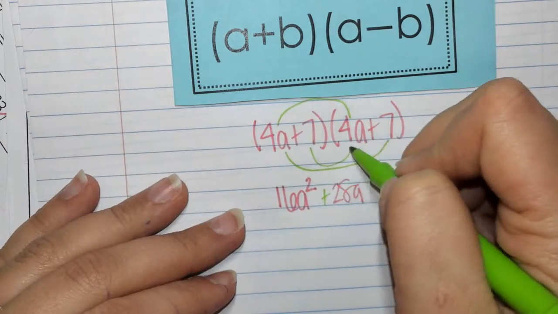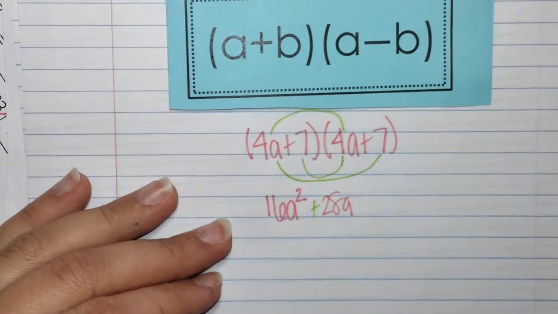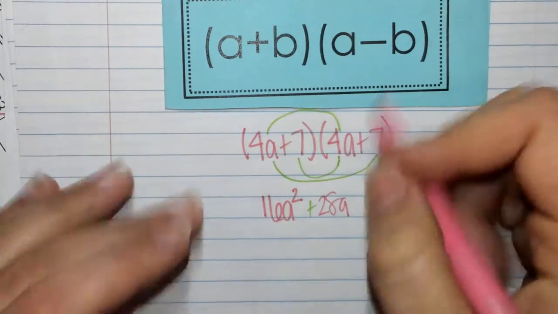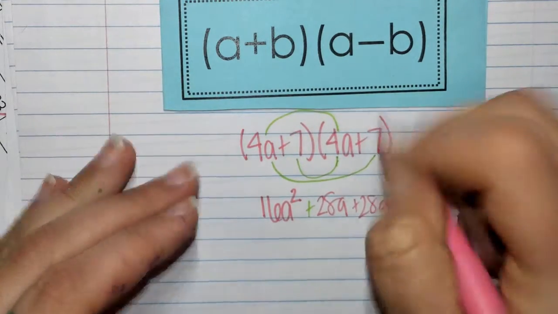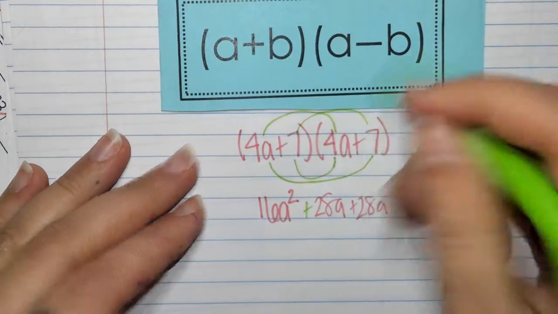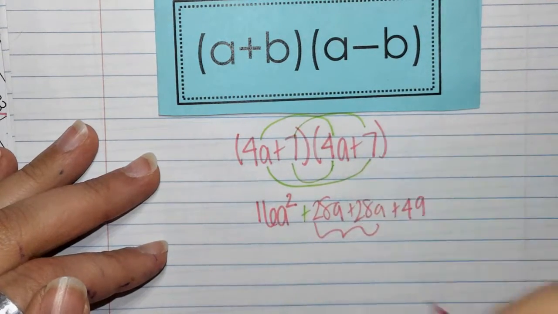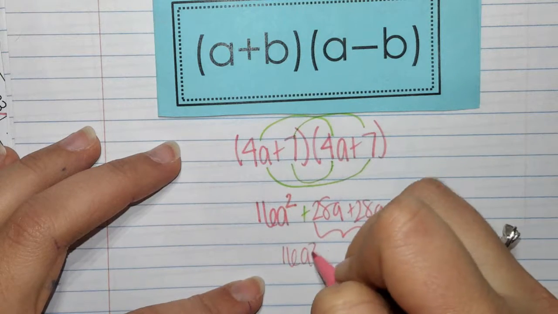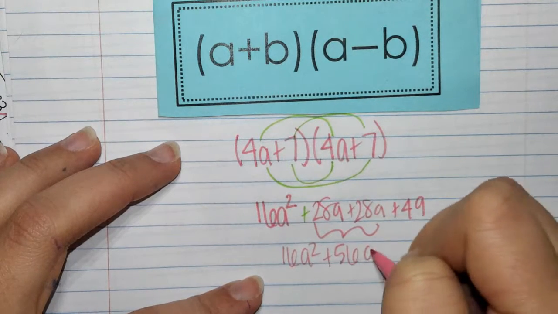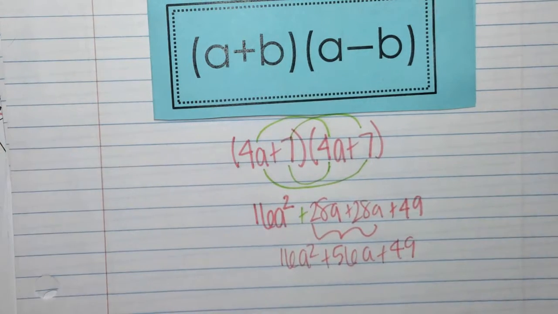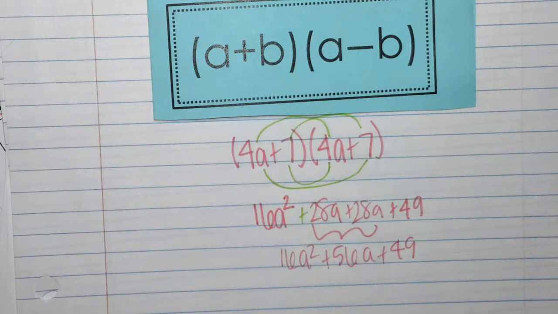And then we're going to multiply 7 times 4A and make his giant nose, apparently. And that's another 28A. And then we're going to multiply 7 times 7 and get? 49. Then we have to combine like terms. So we have 16A squared plus 56A plus 49. It's the same thing. We just have to follow our pattern when it's a perfect square, or when it's a special sum.